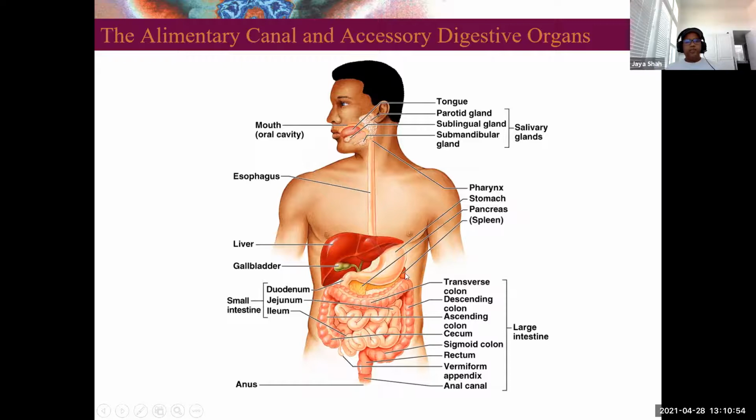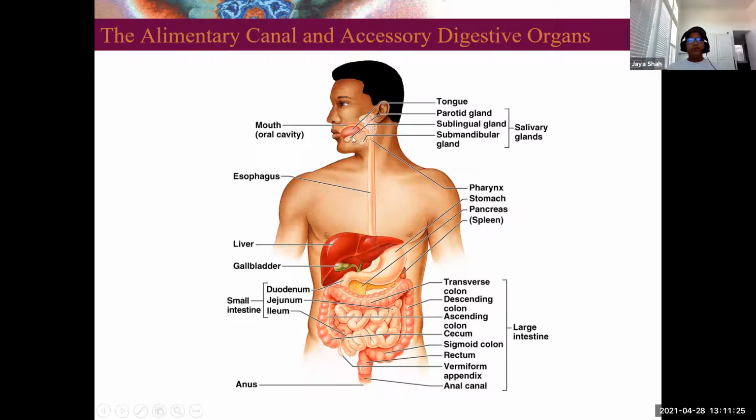Here is the spleen. The spleen is in the abdominal cavity, but it is not an accessory organ of the digestive system. Okay, so these are the organs of the alimentary canal and accessory digestive organs. And in the exam, if I ask which one of the following is part of the digestive system but not part of the alimentary canal or accessory organs of the digestive system, you need to know.